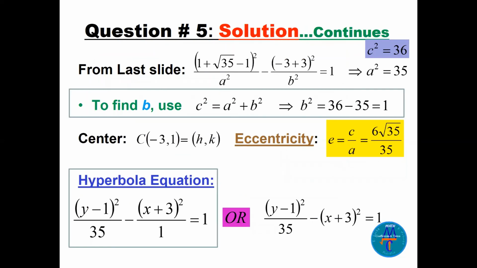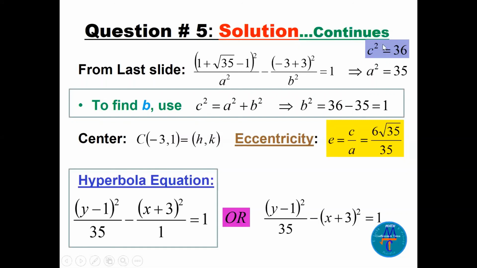So this term will disappear, as I said. Plus 1 minus 1 inside the bracket will be 0. So we are left only with the square root of 35. When you square it, you get 35. 35 over a squared equals 1. You see that? Directly you say a squared is equal to 35.